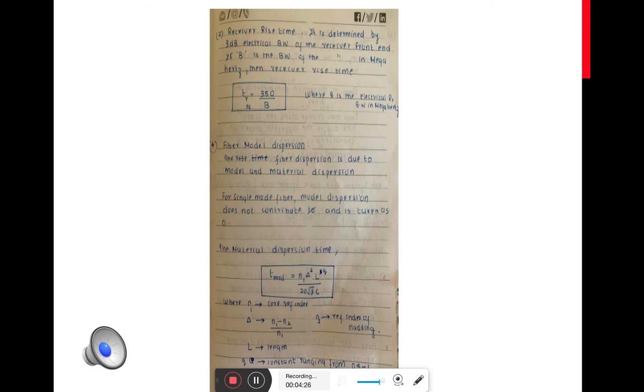The modal dispersion T mode is given by T mode is equal to N1 delta square L raised to Q by 20 root 3 C, where N1 is the refractive index of the core, delta is the differential refractive index, and it is given by N1 minus N2 by N1, L is the length, and Q is a constant which has a value ranging from 0.5 to 1. We generally take the value as 0.7.